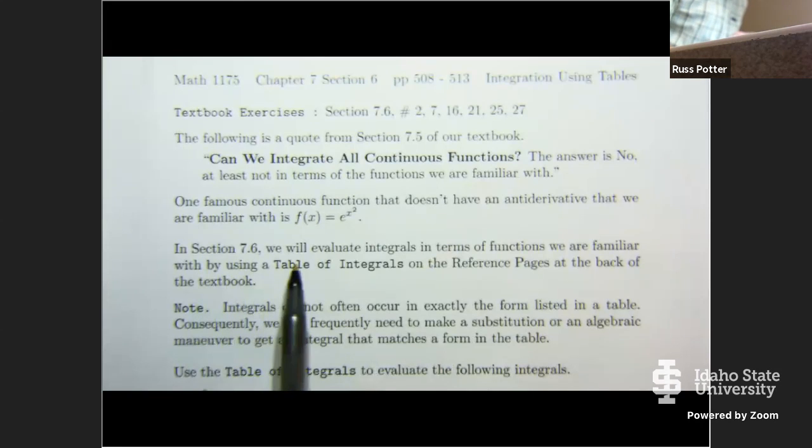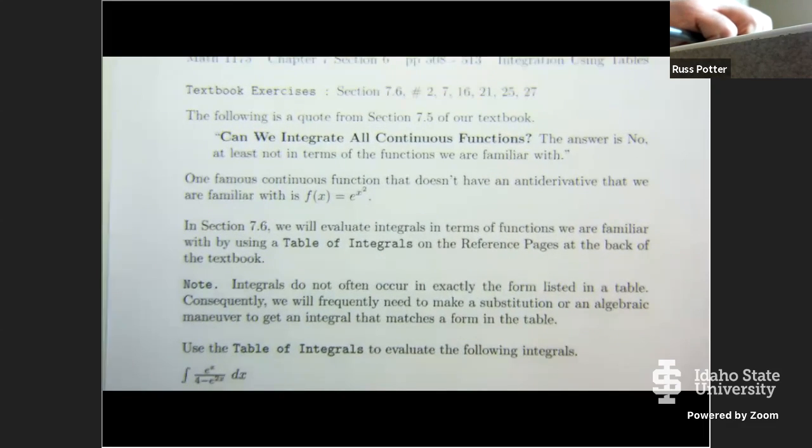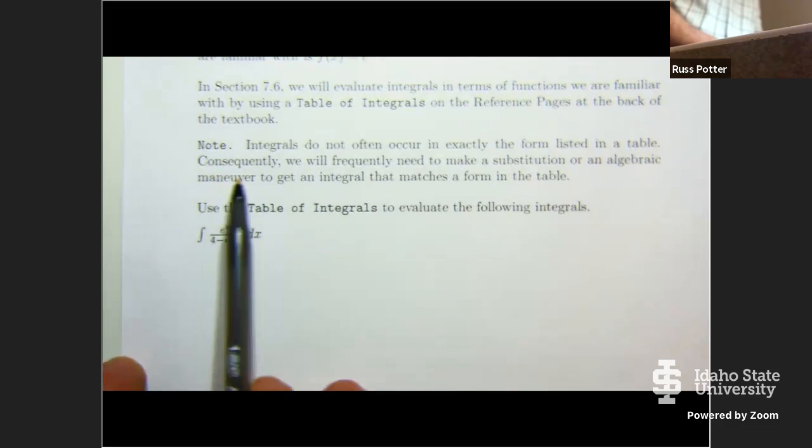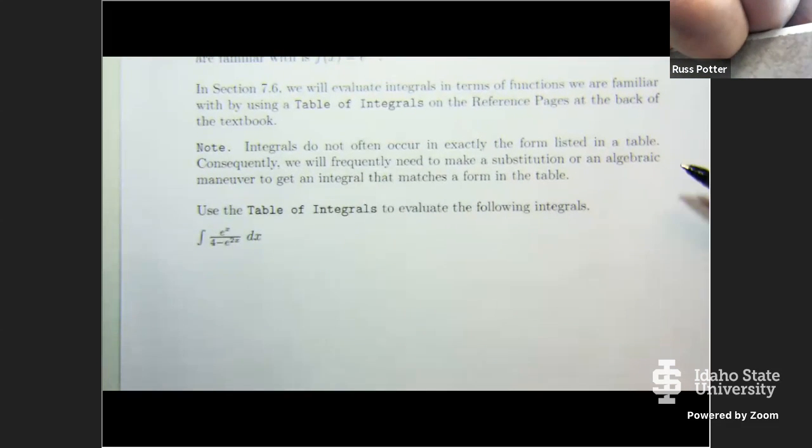But in section 7.6, we will evaluate integrals in terms of functions we are familiar with by using a table of integrals on the reference pages at the back of the textbook. Keep in mind that integrals do not often occur in exactly the form listed in a table. So we will frequently need to make a substitution or an algebraic maneuver to get an integral that matches a form in the table.